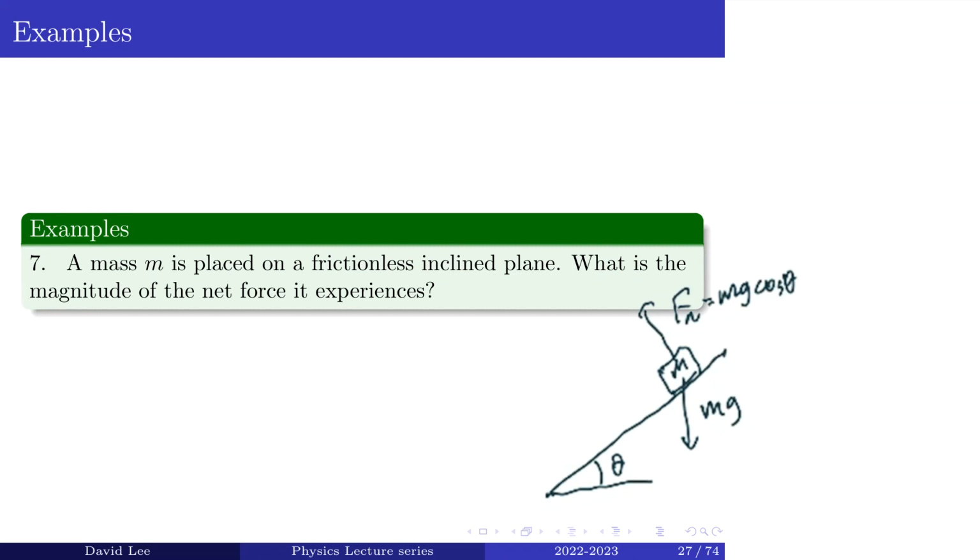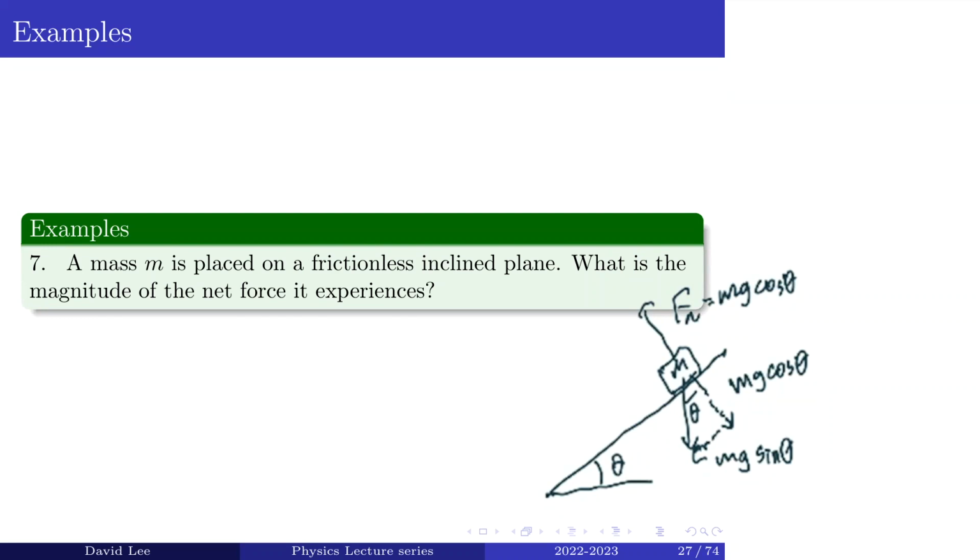Well, if we look at it in terms of the components of the gravitational force, the gravitational force has a component here that's mg cosine theta, and a component here that's mg sine theta, because this angle here is theta. That's just true by geometry. So we split gravity into components.